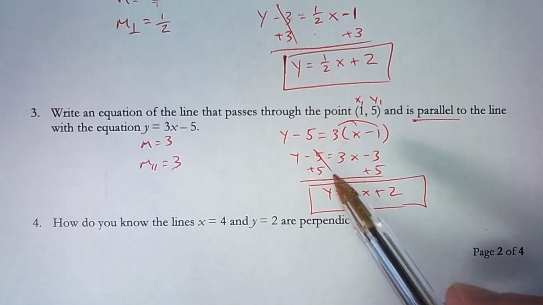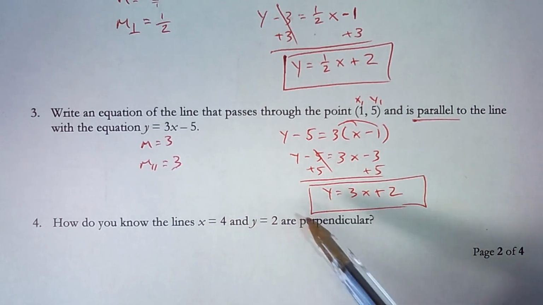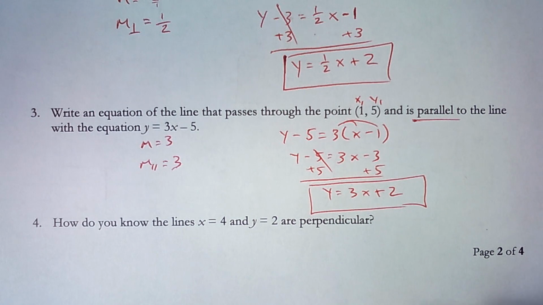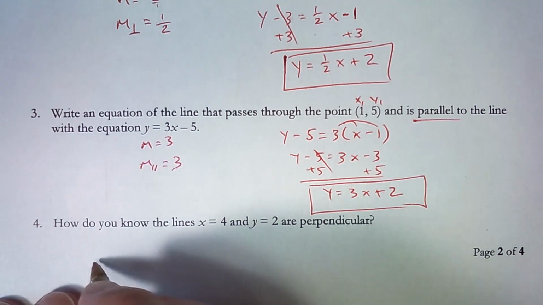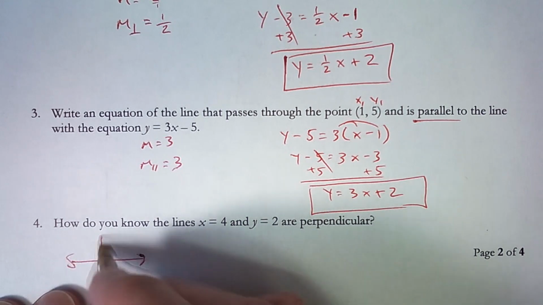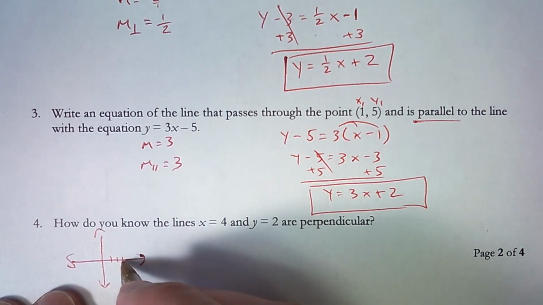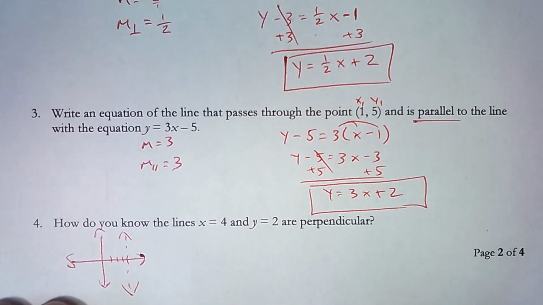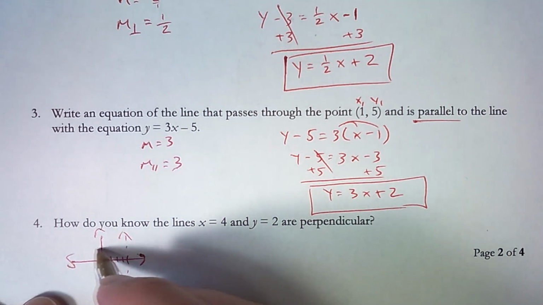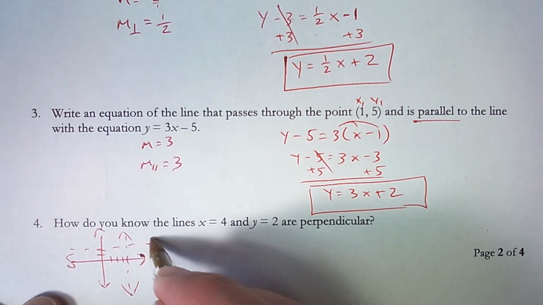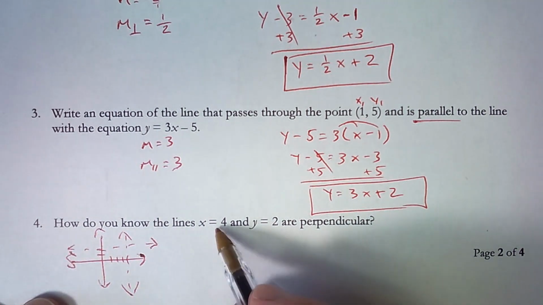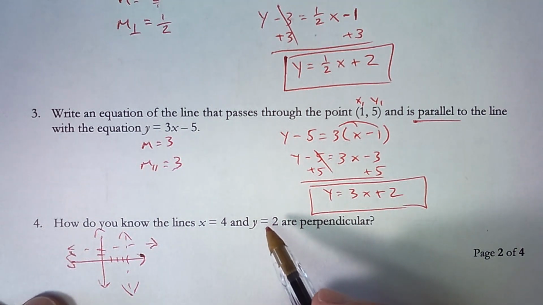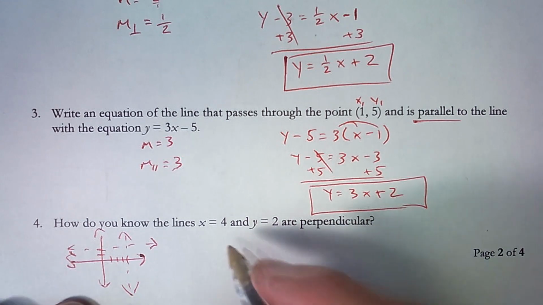How do you know that the lines x equals 4 and y equals 2 are perpendicular lines? Okay, so x equals 4 is going to look like this. It's a dotted line like this. It's a vertical line. Y equals 2 is a horizontal line like this. I've got a horizontal line and a vertical line.